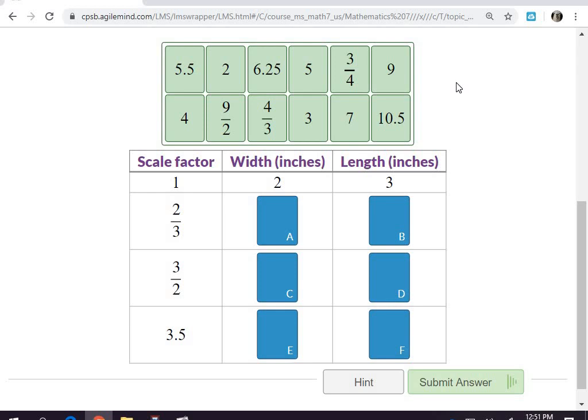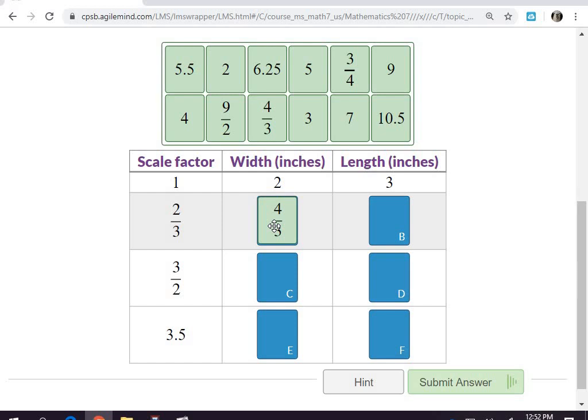Hey, focus back over up here. Well, 2/3 times 2, we already found that answer. So I'm going to drag that guy here. Well, what is 3 times 2? 6.